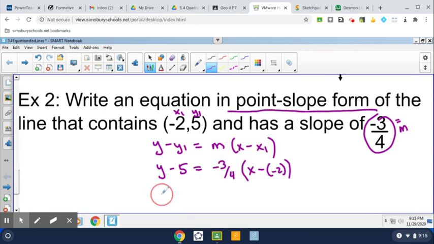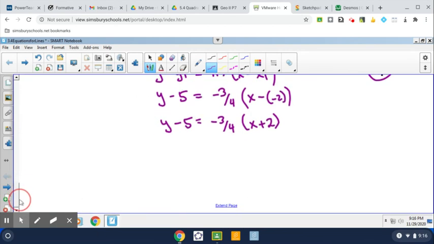So your final answer will be y minus 5 is equal to -3/4 times x plus 2. Okay, so as I said, typically you are used to seeing slope intercept form y equals mx plus b, but in this case we have point slope form.